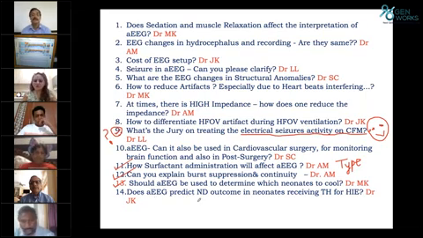Because you don't always have very clear-cut criteria to cool the baby. If we have something in a gray zone, and on top of that an abnormal EEG, definitely it will help us decide to cool that baby.